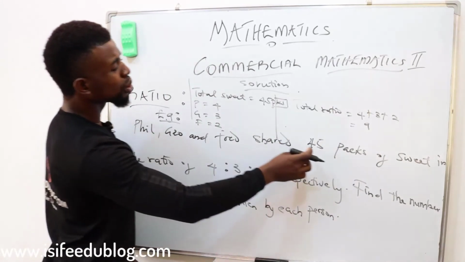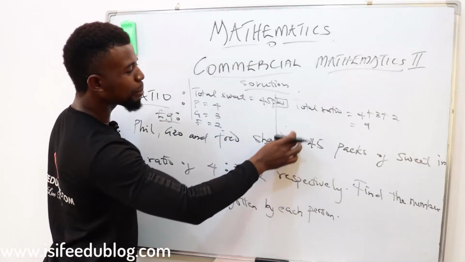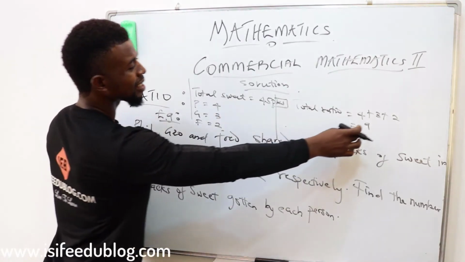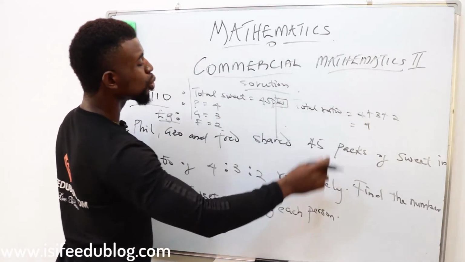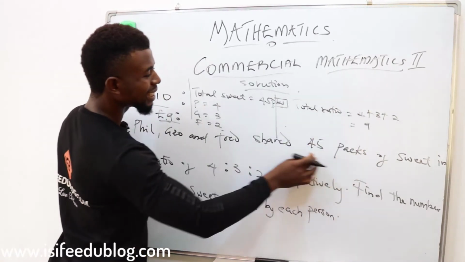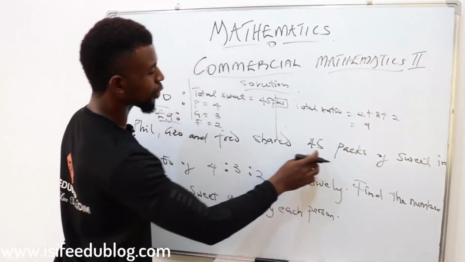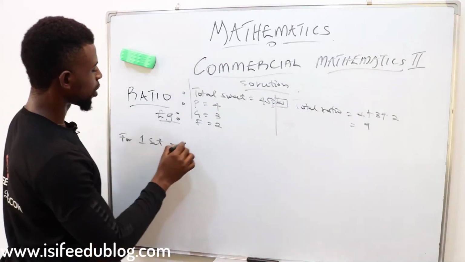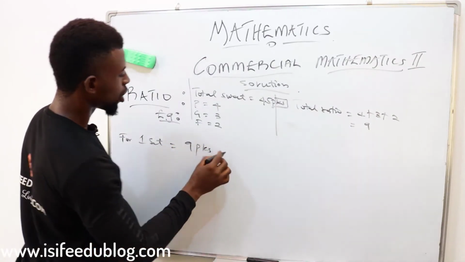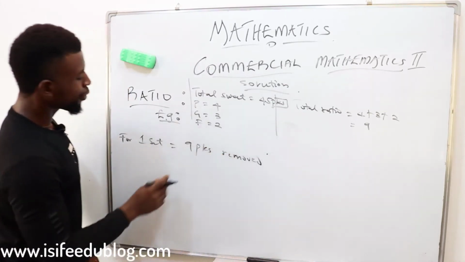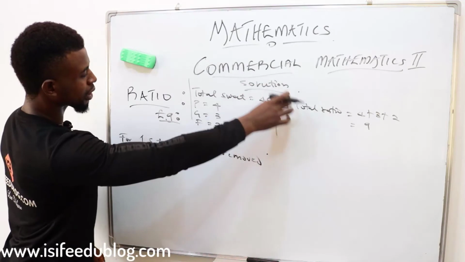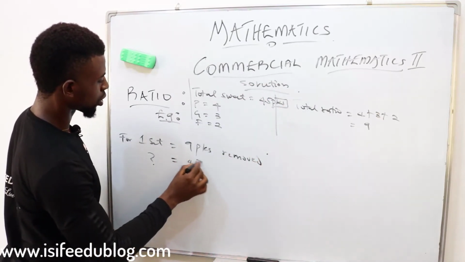Alright? Now, we'll determine how many sets can be found in 45. Remember, in each set, they remove 9 sweets. Okay? So we'll determine how many 9 sweets can be found in 45 packs. So for one set, we have 9 packs removed. Therefore, in how many sets will the 45 total number of packs be consumed?